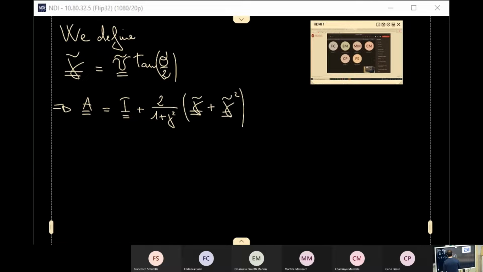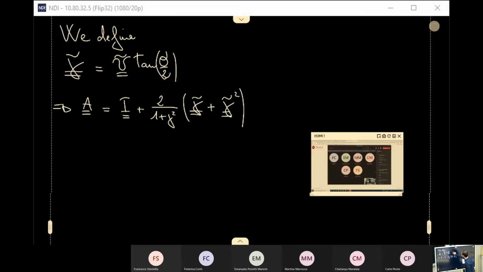Where you see, why did I define my gamma tilde matrix like this?